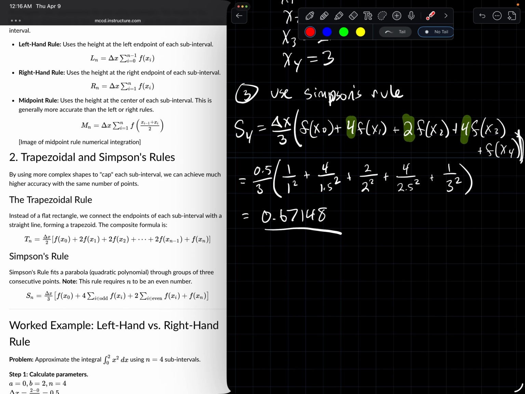Rather than trying to do MATLAB vector code to code up Simpson's rule, you could just use a for loop that loops through the x values and adds them up. That's kind of my recommendation.